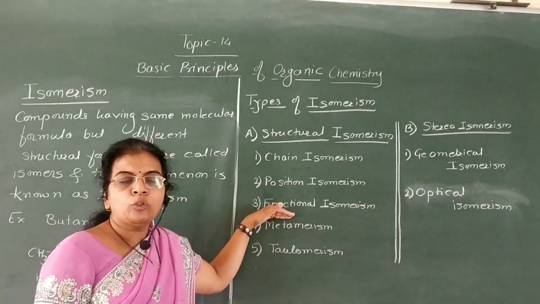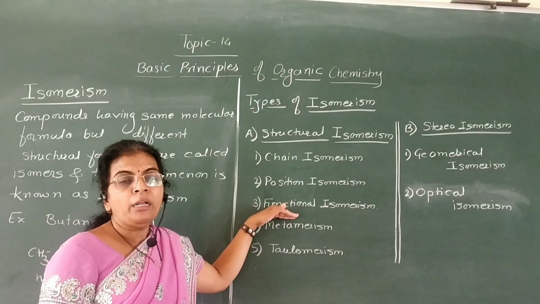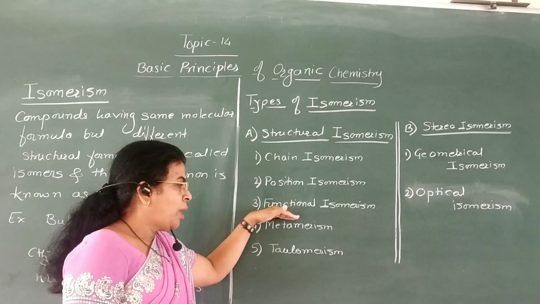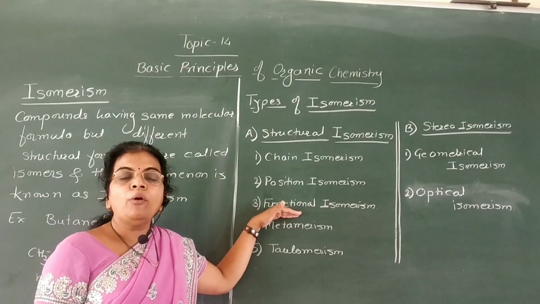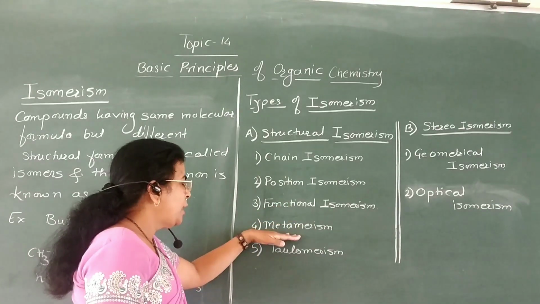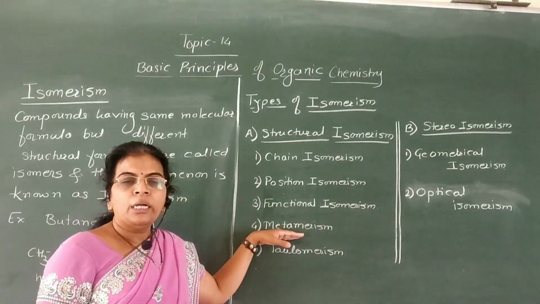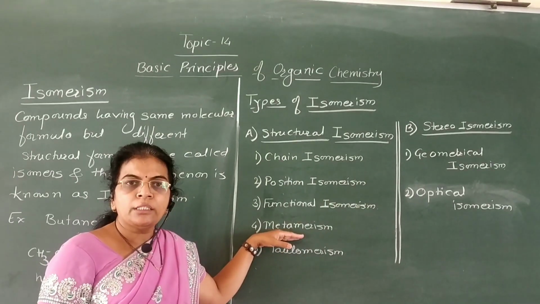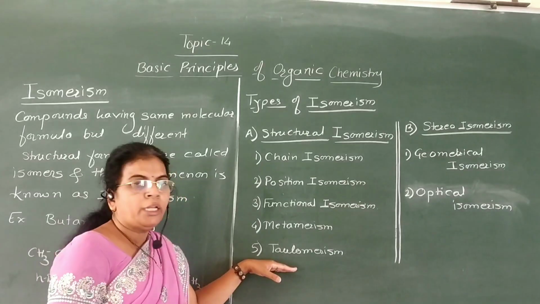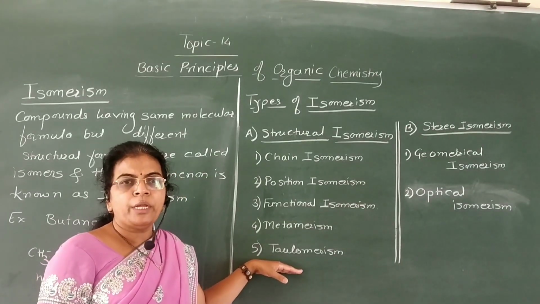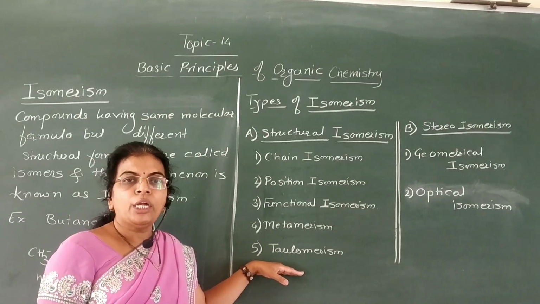This is present in compounds having a functional group. Here the compounds have the same molecular formula but different functional groups. Then number 4 is metamerism. This metamerism is generally present in ethers and ketones. And the last one is tautomerism. Tautomerism is present in case of aldehydes or ketones.